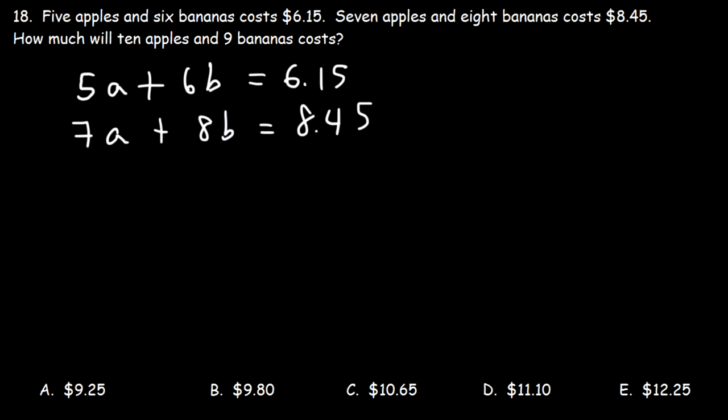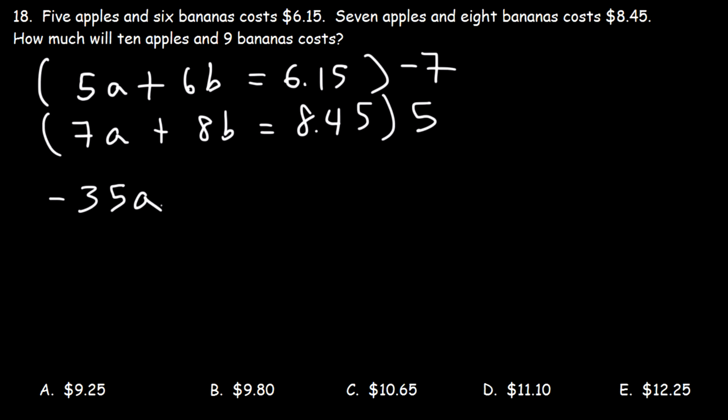So let's focus on canceling A. Let's multiply the first equation by -7 and the second one by 5. 5a times -7 is -35a. 6b times -7 is -42b.